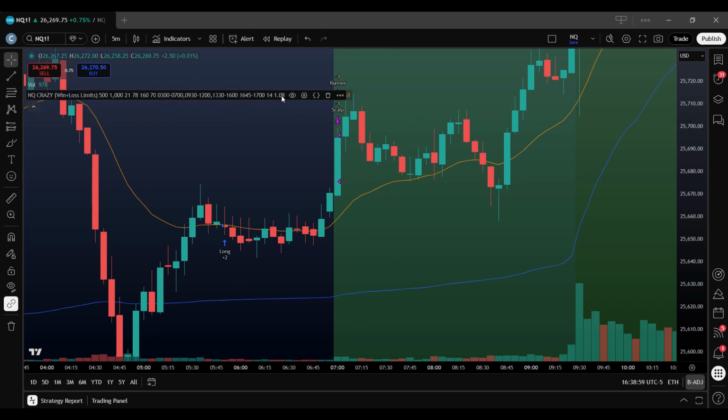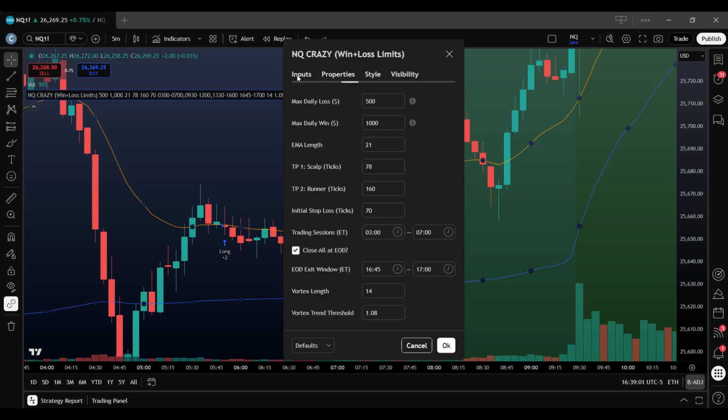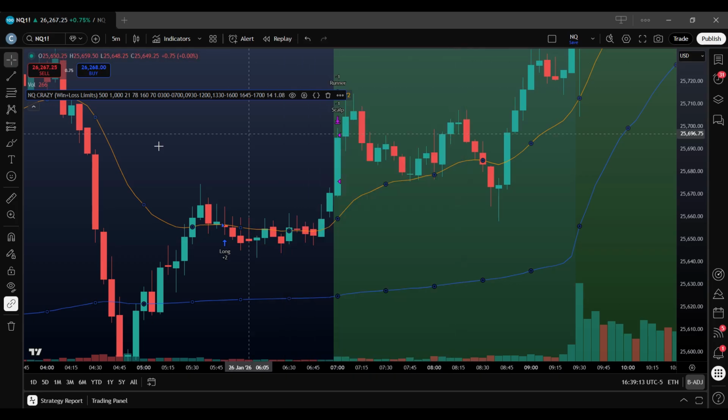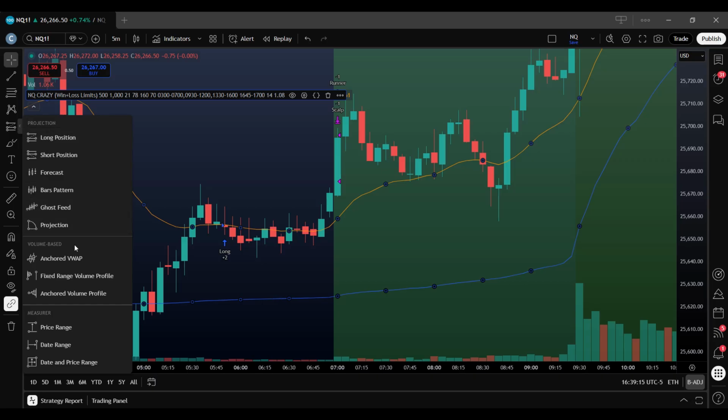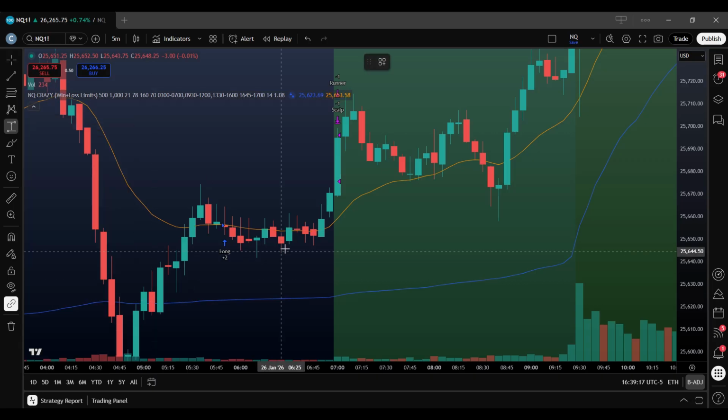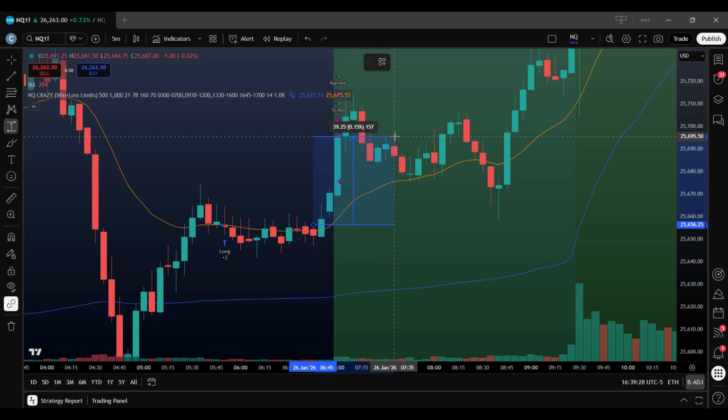So if you go into the settings, onto inputs, you can see that the initial stop loss was 70. This first scalp was 78 ticks, and the runner's at 160. So you've got 70, 78, and then 160 about.